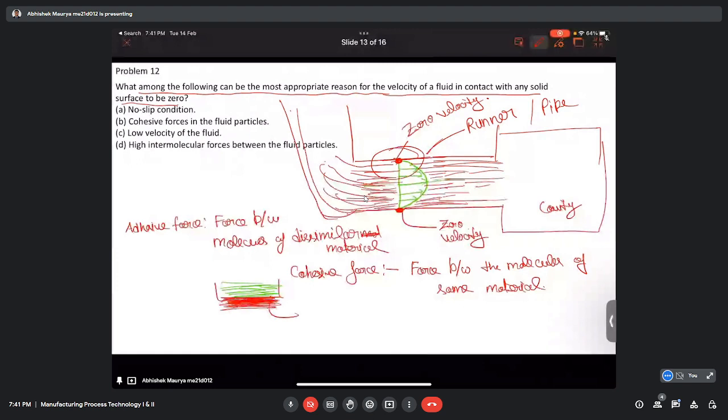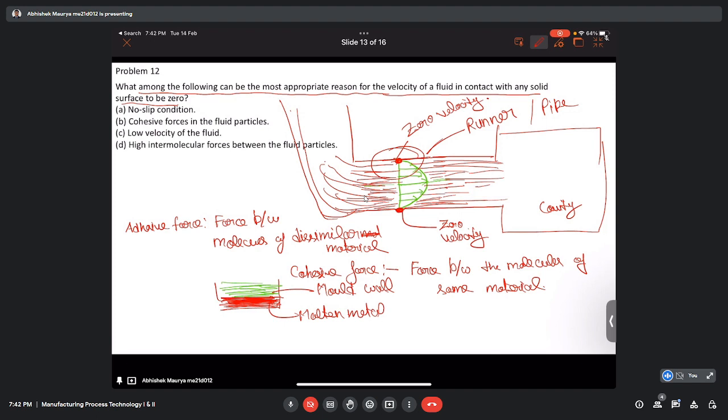This is molten metal, and this is the mold wall. The mold wall is made up of sand, binder, water molecules and clay, whereas the molten metal is a pure metal or an alloy. So in this interface, the contact is between dissimilar materials.